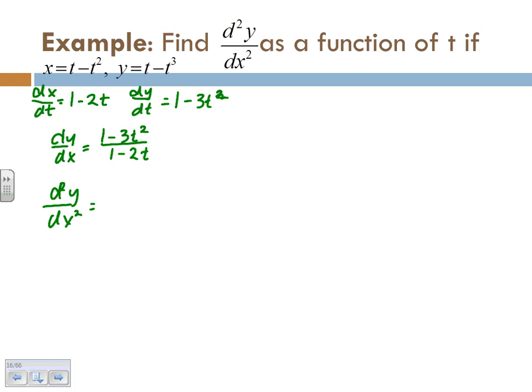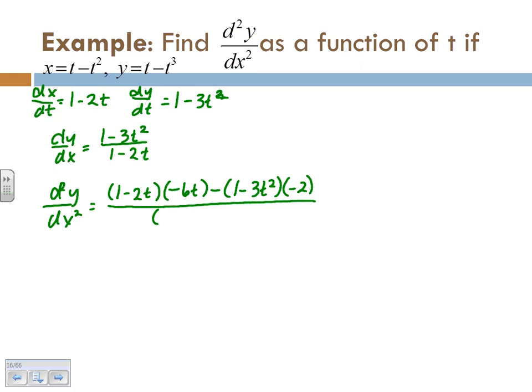We're going to do our low d high, high d low, all over low low, and then add in the extra component for parametric. So I'm going to do low d high minus high d low all over low low, and then I still have to divide by dx dt, 1 minus 2t.